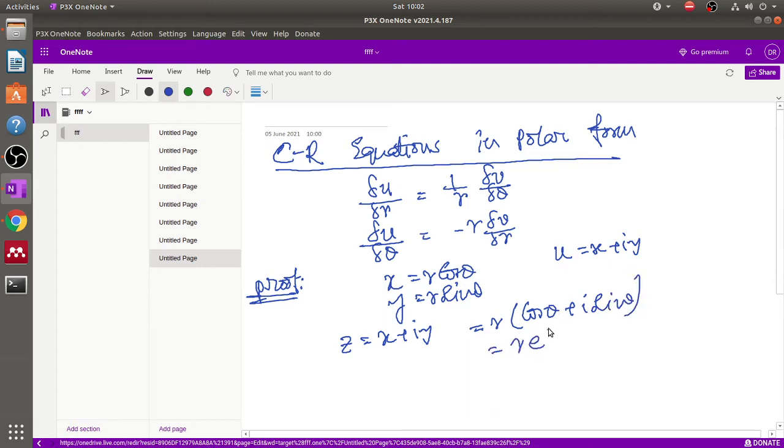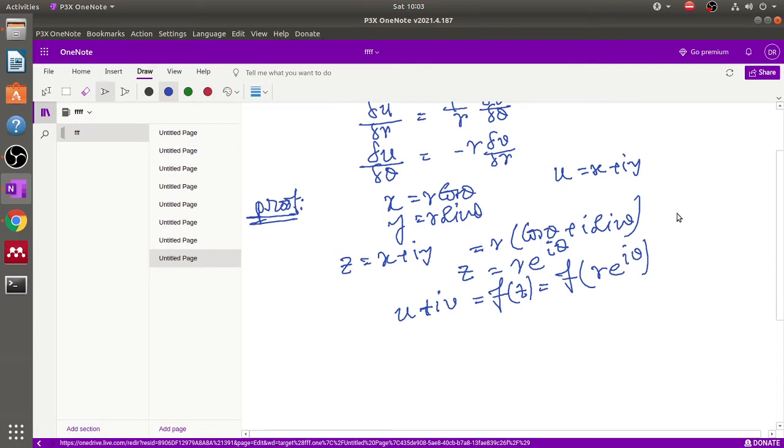Again we write cos theta plus i sin theta equal to e to the power i theta in exponential form. So u plus iv is a function of z, that is equal to a function of r e to the power i theta, because this is equal to z. Okay, so now we consider this equation 1.